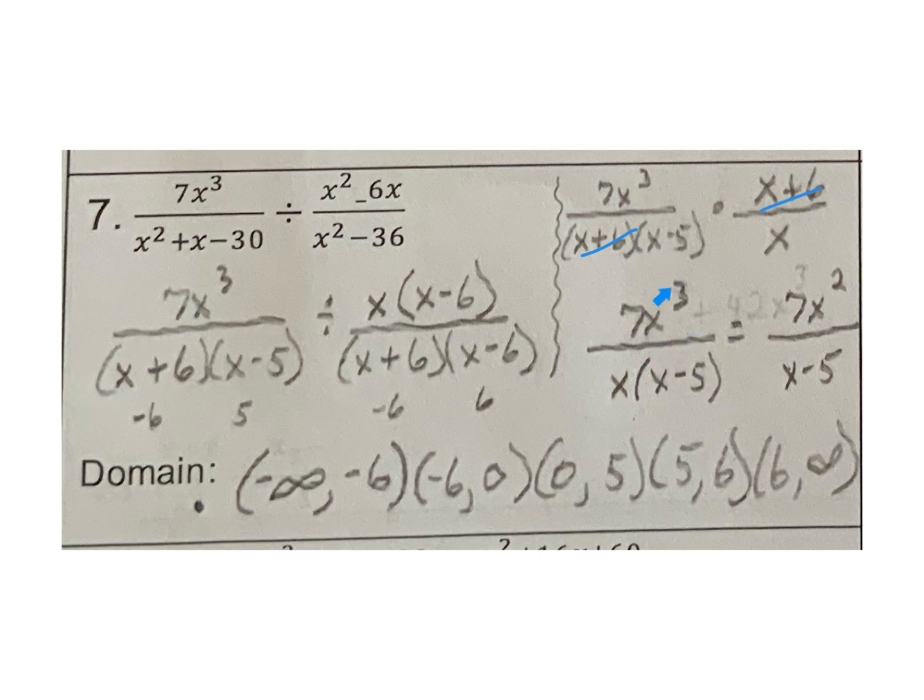Okay? Well, we can simplify this some more because we can cancel out this x and one of these x's from the x cubed. That's why it becomes x squared in our answer. And then that, again, is our final simplified expression: 7x squared over x minus 5.